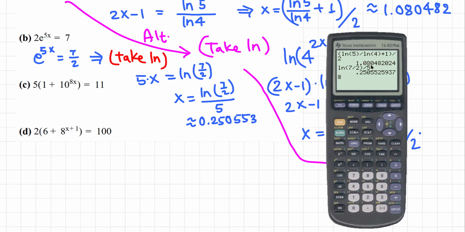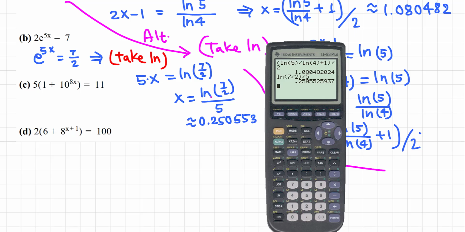If you do this in your calculator, you're going to get 1.080482. For part B, it's ln 7 over 2, or ln of 3.5, and then everything divided by 5, you get 0.25055. So this is the exact answer in natural log form, and this is the approximation. That's parts A and B.